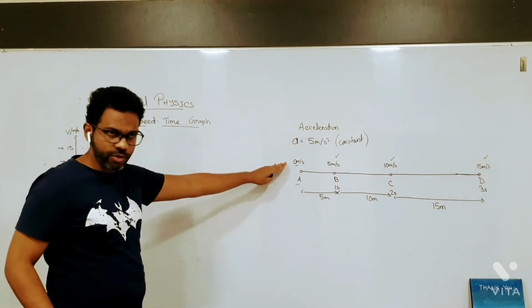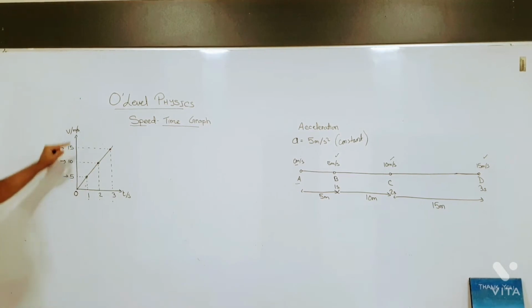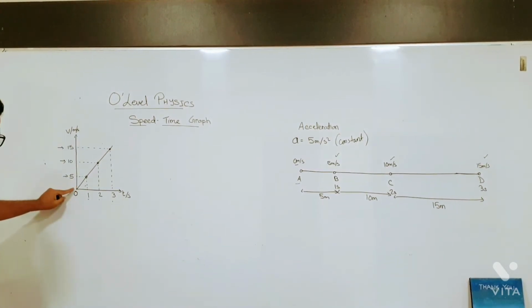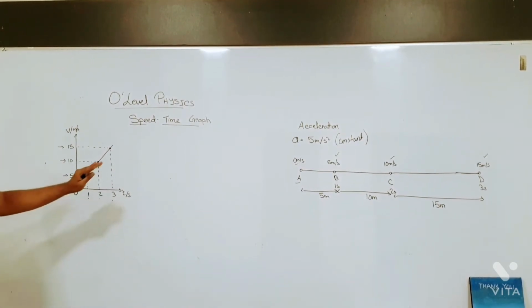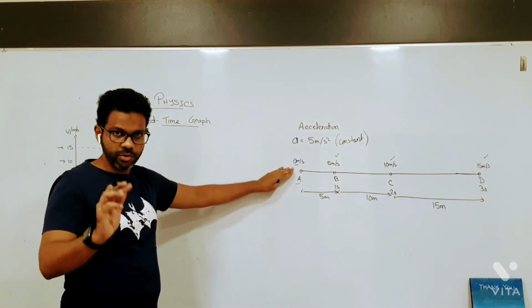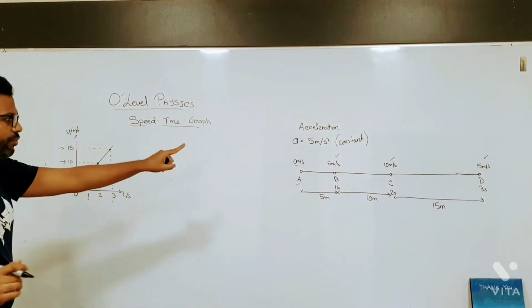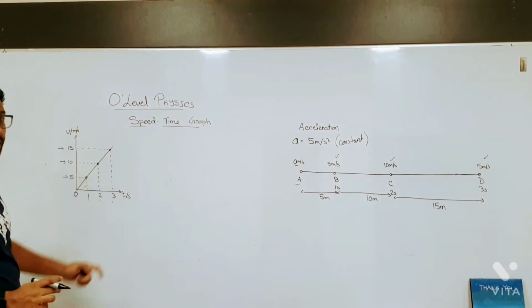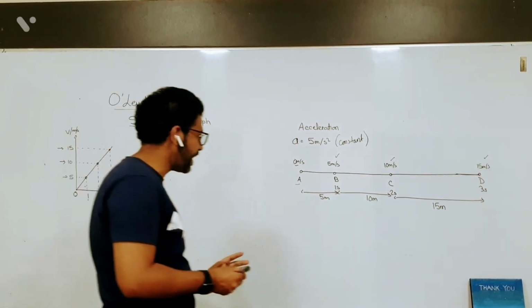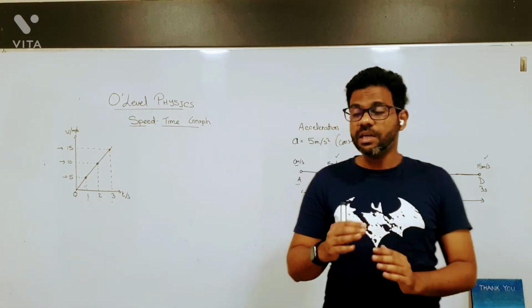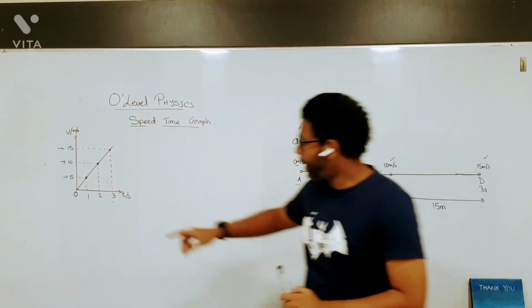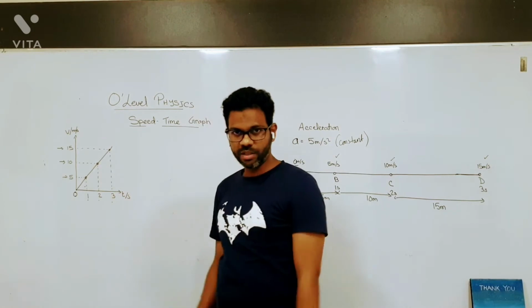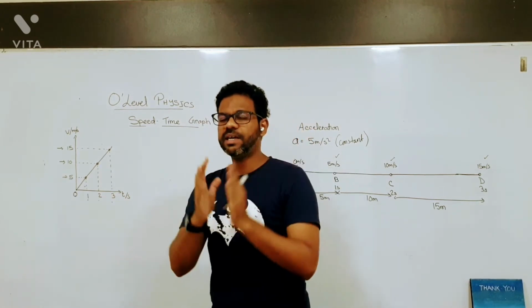If it was not 0, the graph would have had an intercept on the y-axis, because it would have started from 1, 2, 3 or something if the initial velocity was not 0. So the initial velocity was 0, then it moves on to 5, then 10, then 15, and becomes a straight line showing that the object's velocity is increasing by the same amount in every 1 second. So keep this in mind.